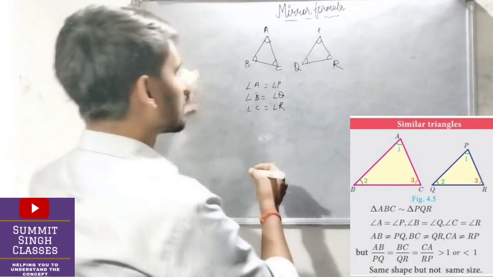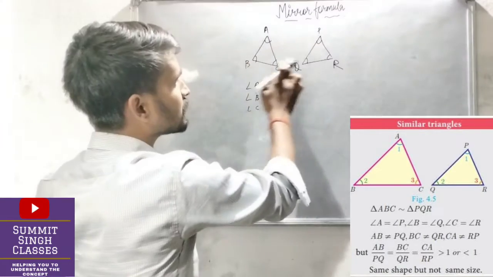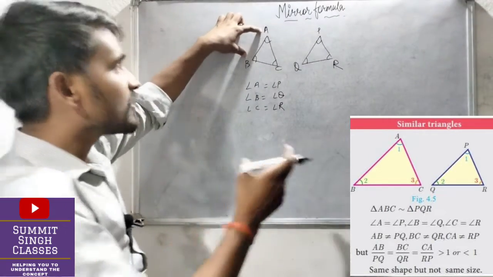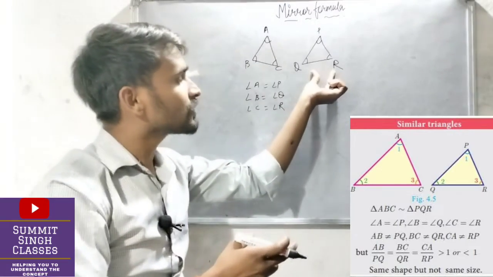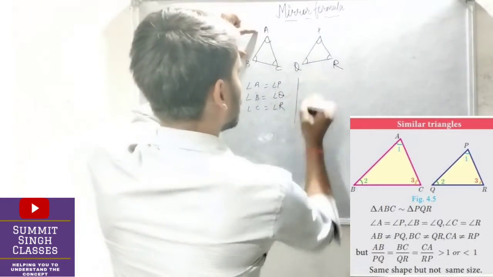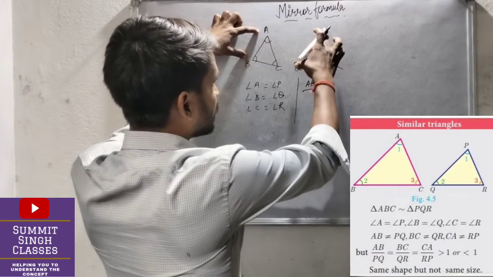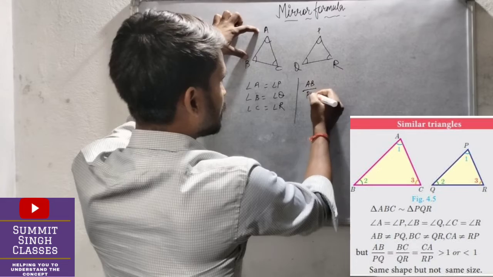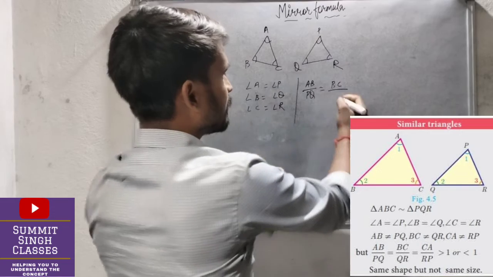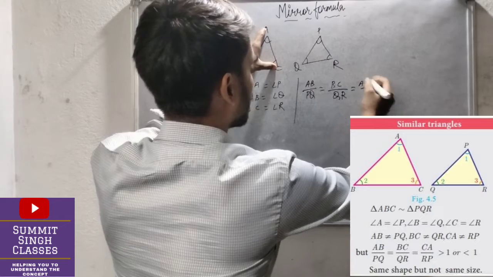That means, AB and PQ are the corresponding sides, so if two triangles are similar, then you can write AB over its corresponding side PQ will be equal to BC over its corresponding side QR, and that will also be equal to AC over its corresponding side PR.